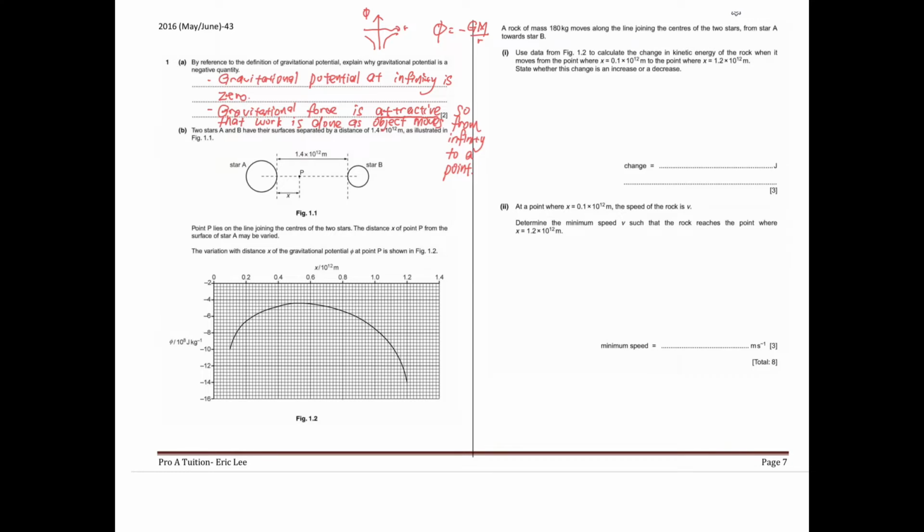Okay, so the second point, there are two ways to take it.